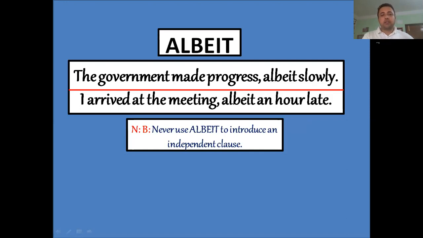Note that the word albeit cannot introduce an independent clause. You can't say, albeit the government made progress, it was slow, because the sentence, albeit the government made progress, is a complete clause, an independent clause. You can't start that with albeit. However, you can start an independent clause with although.